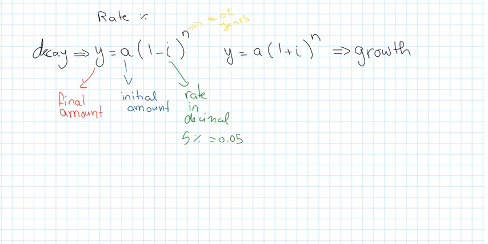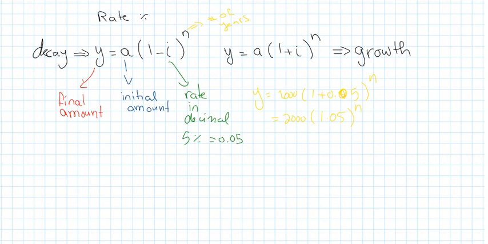Then you do 1 plus 0.05 to the power of n, times your initial amount. Let's say your initial amount is $2,000. So what you see here is I have 2,000 times 1.05 to the power of n. I apologize for the color. Can you guys see it?